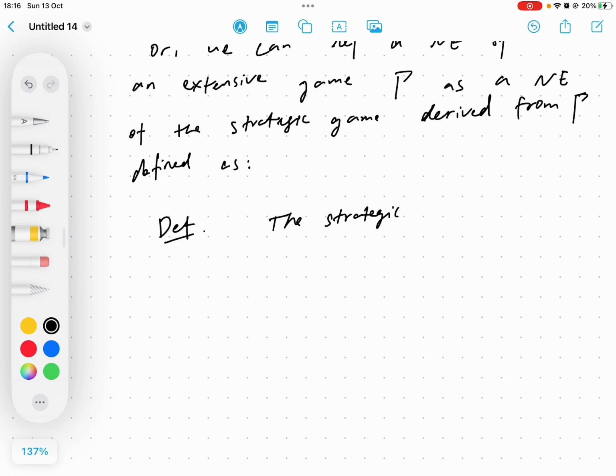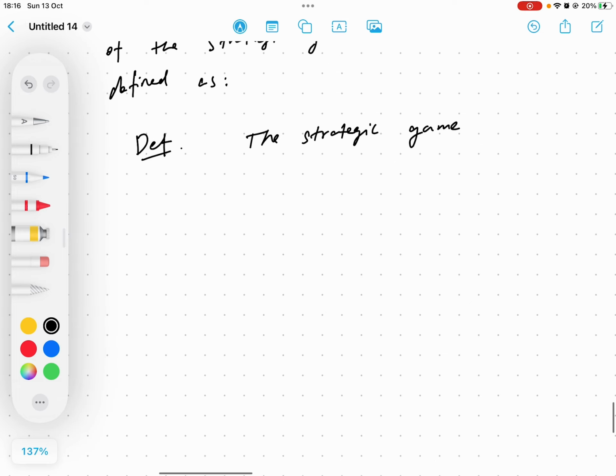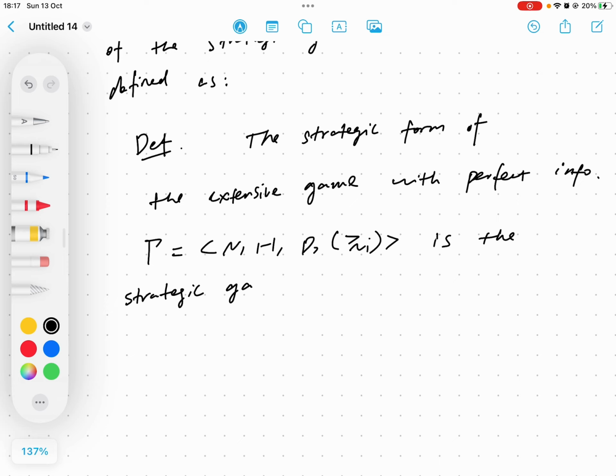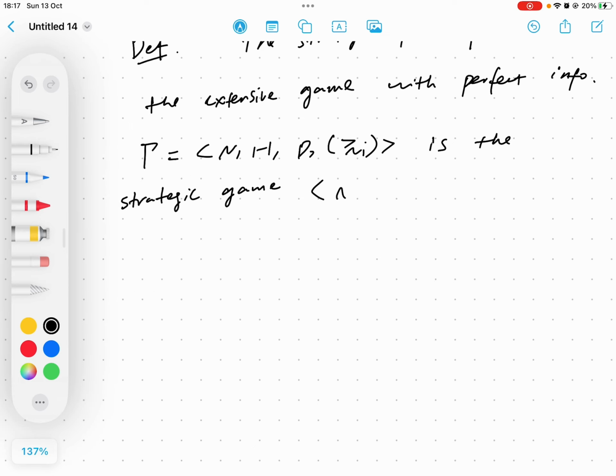So the strategic game, or strategic form, of the extensive game with perfect information gamma is the strategic game with S i and the preference relation prime, a new one.